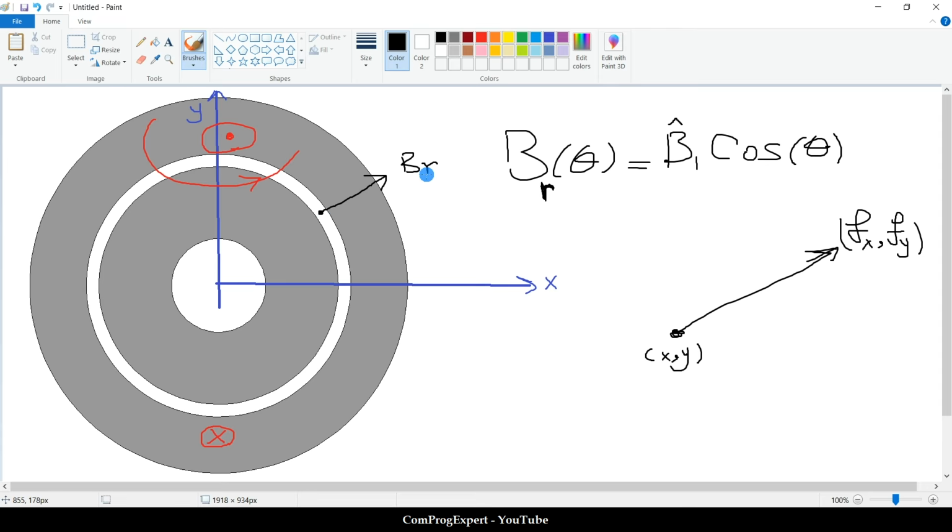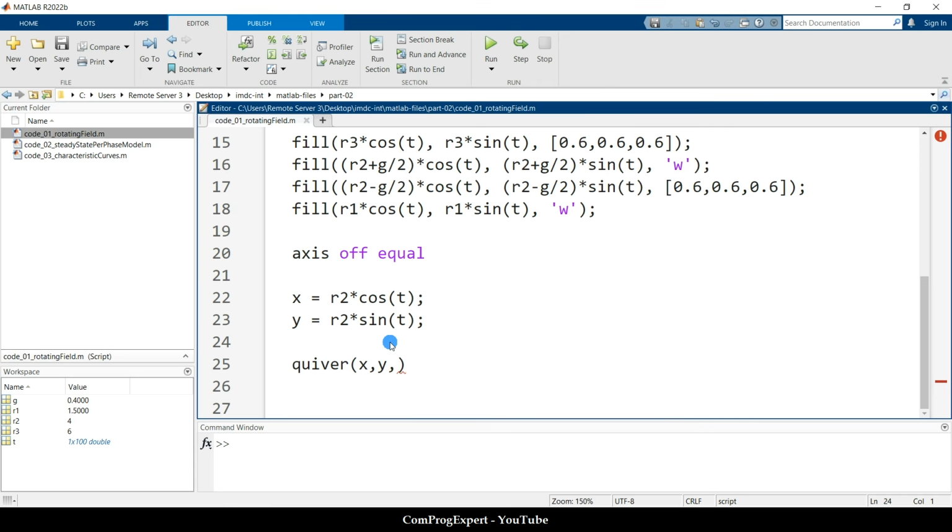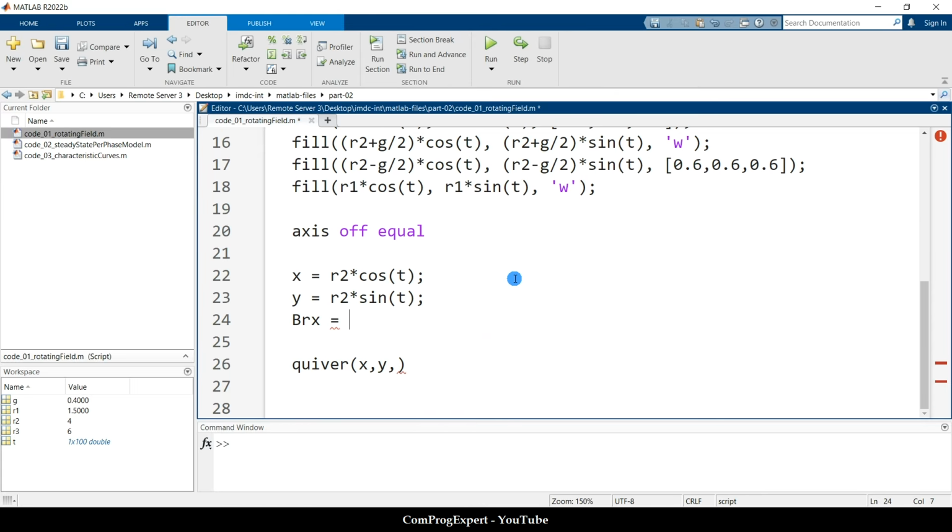So if you consider this BR component, I want to decompose it into BRX and BRY. So BRX is BR times the cosine of theta, and BRY is BR times sine of theta. Here BRX, the X component of the radial component of the flux density in the air gap, what is the peak value of the fundamental harmonic?